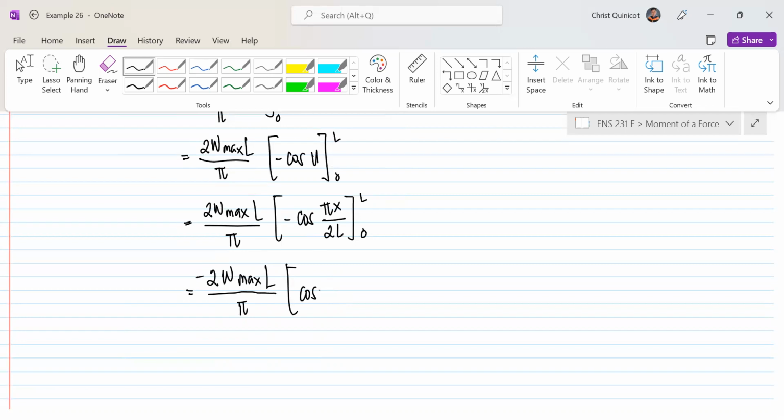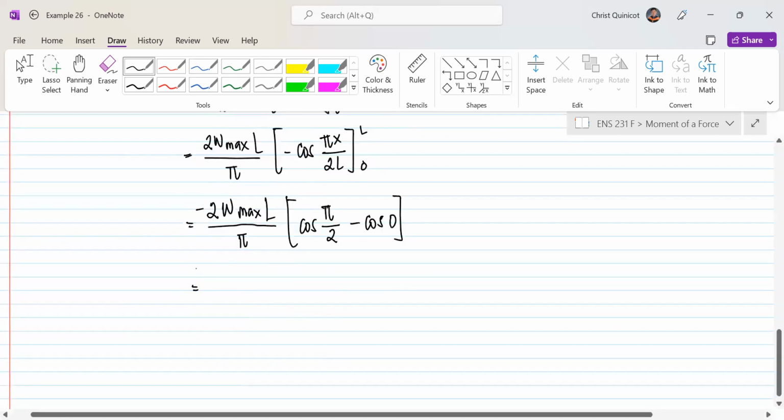So we substitute our L, that's cosine pi x becomes L divided by L, so it cancels. So that's cosine pi over 2 minus cosine of pi x over 2L where x is equal to 0, so that's cosine 0.